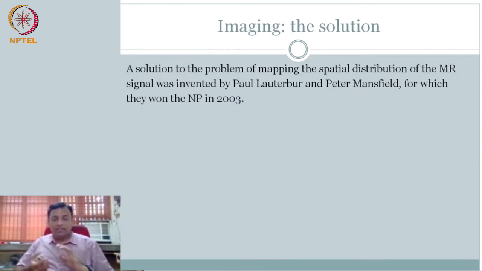It's by no means a trivial extension. Recall that the Nobel Prize for NMR and the Bloch equation was given in the early 50s, 1952 or so, for work done in the 1940s. And then the Nobel Prize for producing the MRI, the magnetic resonance image, from the MR signal was given to Lauterbur and Mansfield only recently.